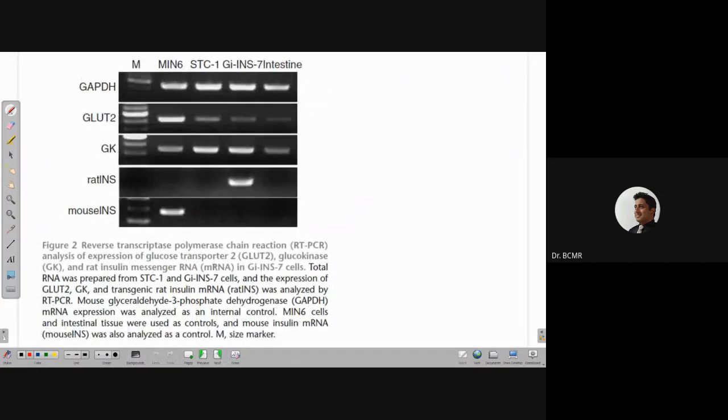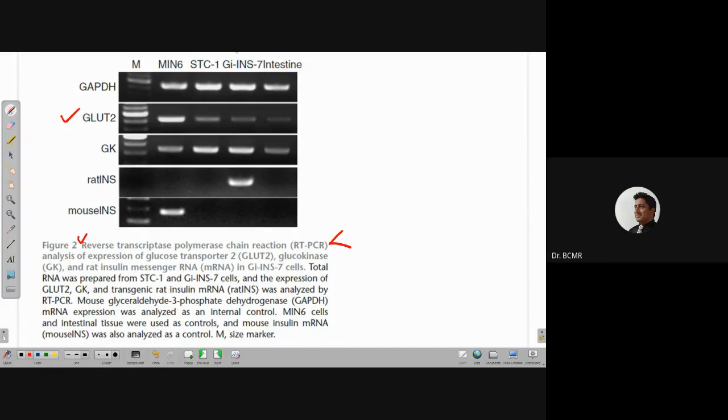So they have done reverse transcriptase PCR. I hope you remember reverse transcriptase. In the last paper we also discussed the difference between reverse transcriptase PCR and RT-PCR, right? Here they just have to show if expression happened or not. GLUT2 is expressed or not.